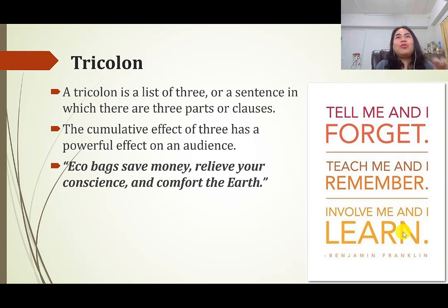But if you separate these keywords, teaching, students, forget, remember, learn, you separate all this into just 5 or 6 words first, but then you separate them into 3 chunks and then add verb tell, add verb teach, add verb involve, right?